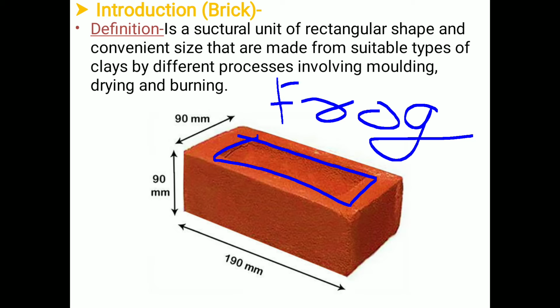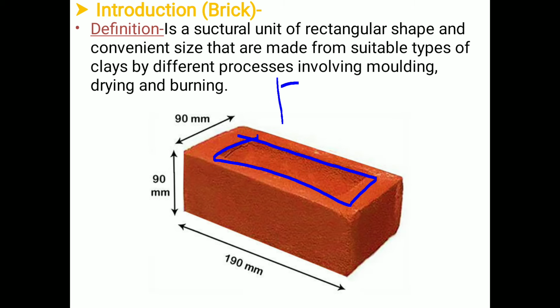For the marketing of manufacturers, a frog may be provided. The depth of that particular frog lies between 10 mm to 20 mm. This is the vertical depth of the frog. So this is all about the introductory part or the definition of the brick.